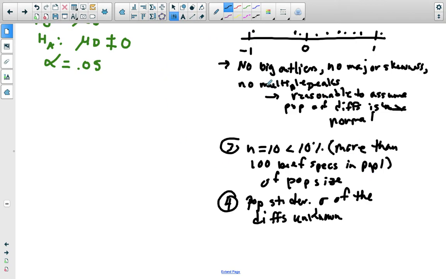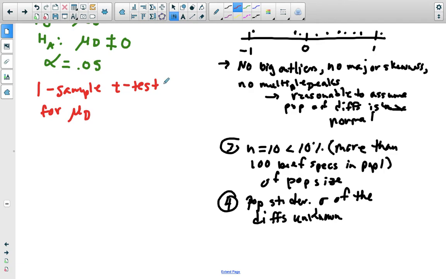So over here, we can say that the conditions check out. So we can use a one sample t-test for, and what was our parameter? For the mean difference.